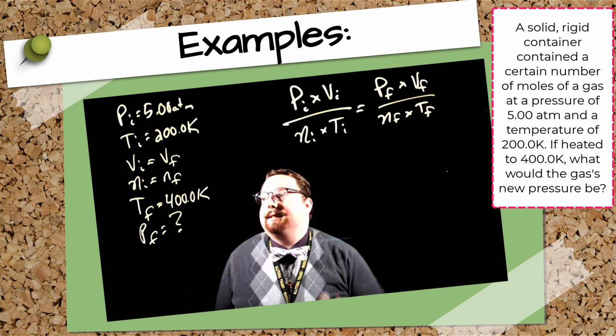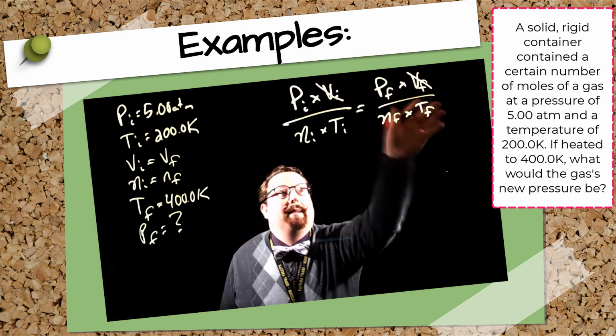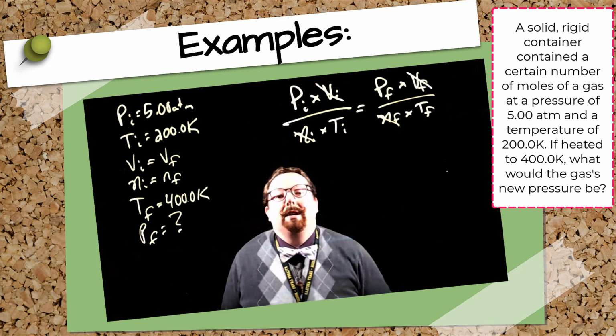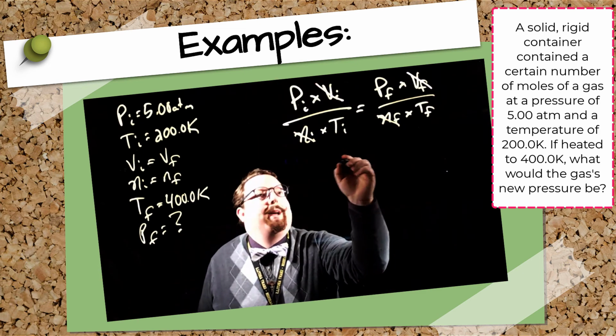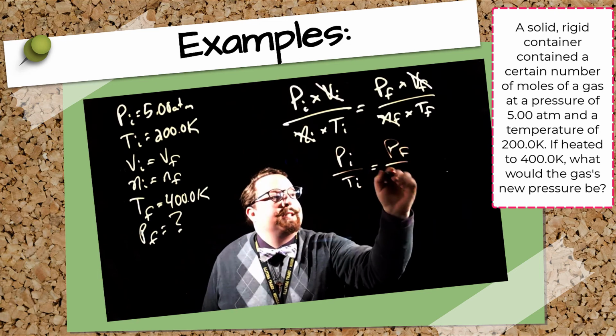Now we just said since the volume does not change, we can cross it out because it's going to be equal on both sides. It'll just cancel itself out. And so does the number of moles. So my actual equation, or the simpler version of my equation, is just Pi over Ti equals Pf over Tf.